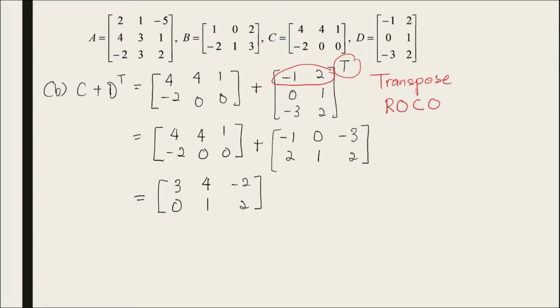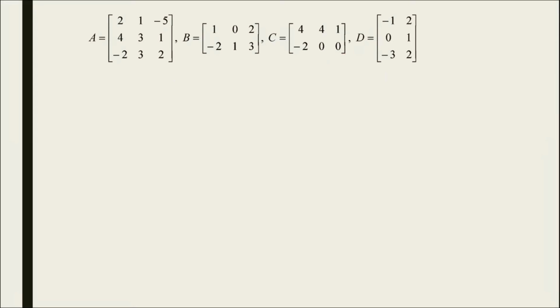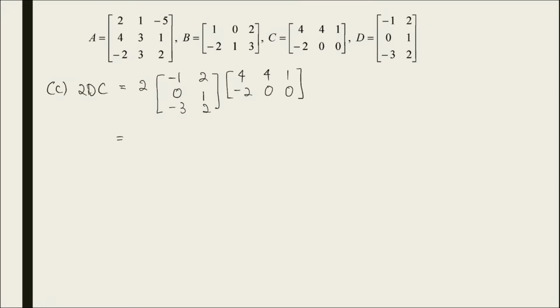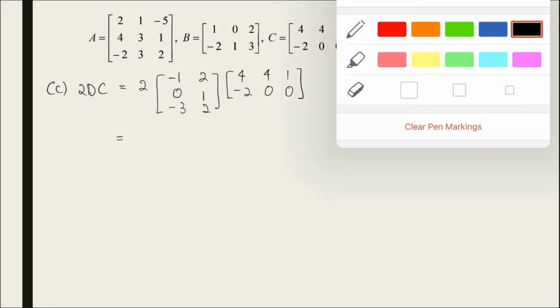Done? Okay, so for the next question, C, 2DC. So multiply D and C. Write matrix D, then matrix C. So how do we multiply two matrices?